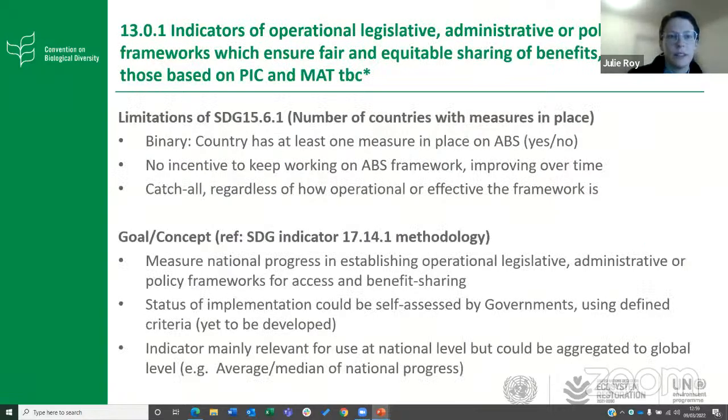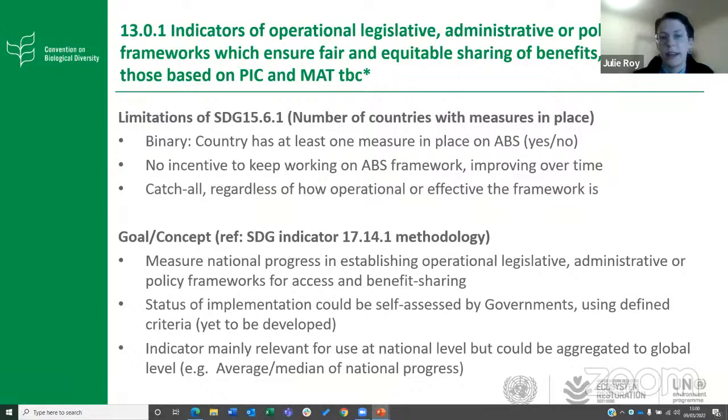So looking at the indicator itself, I did say it was closely linked to the SDG indicator, so I just wanted to go a bit into what the limitations of that existing indicator are. The first one is that it is a binary type of indicator. So if a country has at least one measure in place on access and benefit sharing, it's a yes/no scenario.